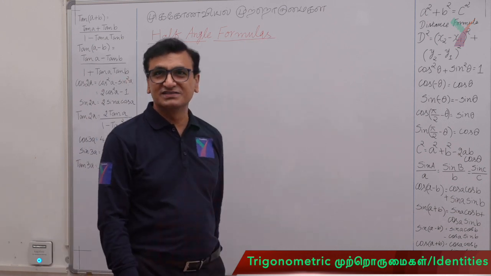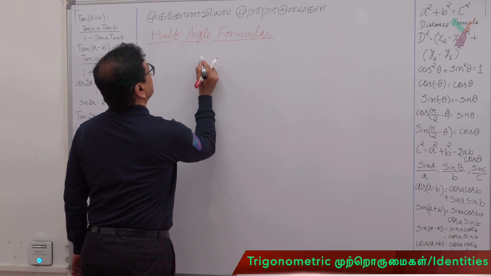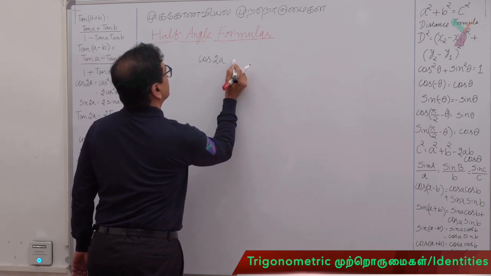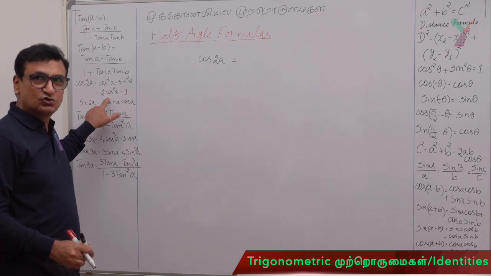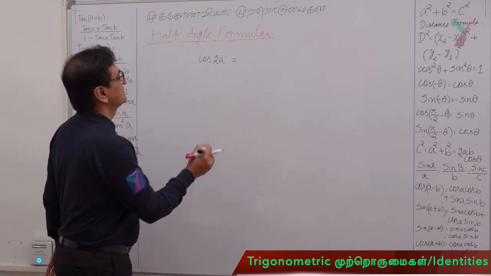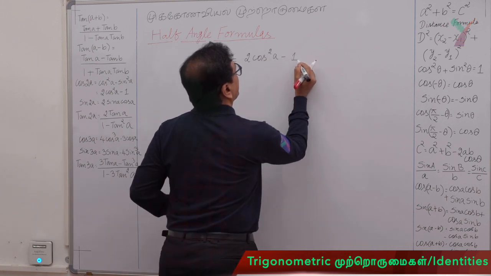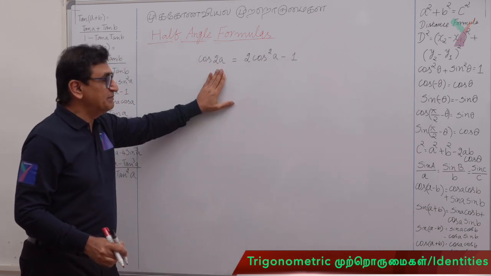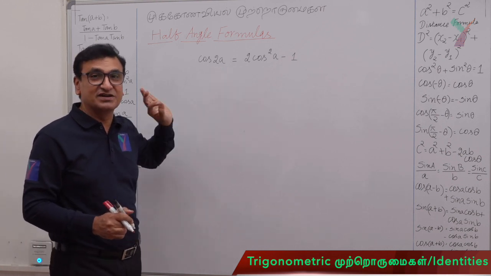Let me start with cos 2A. Cos 2A, I'm going to use this form, that is 2 cos square A minus 1. Next, I'm going to replace 2A with theta. அதாவது 2A க்கு பதிலா இந்த இடத்துல நான் theta அப்படின்னு எழுத போறேன்.